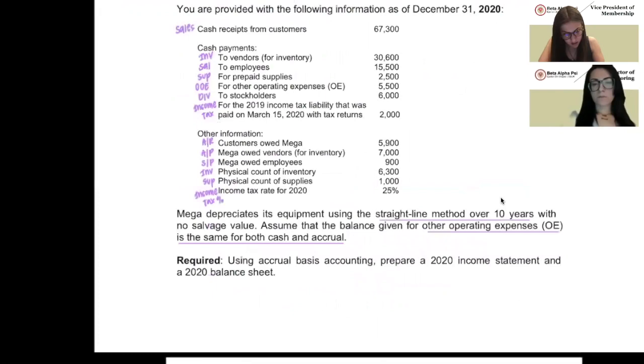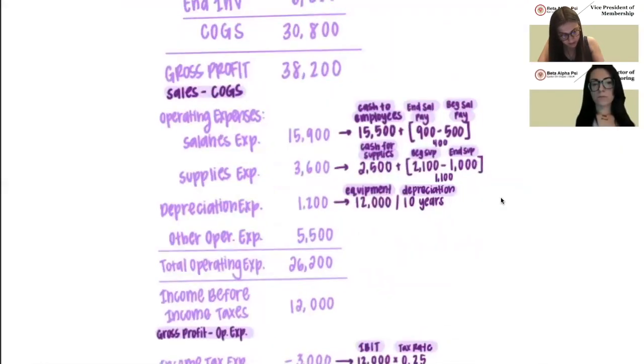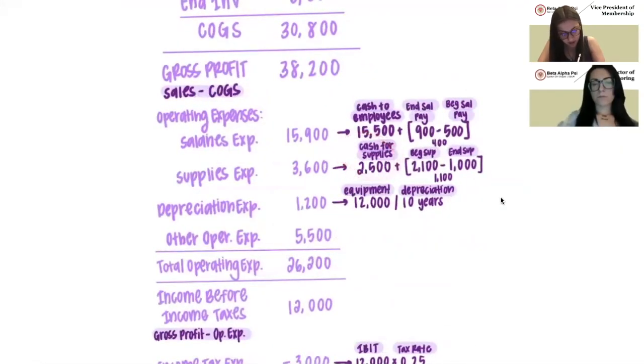So our formula is going to be our cash for supplies, 2,500 plus our beginning minus our ending. Our beginning was 2,100 and our ending was 1,000, which means it decreased. Our supplies account decreased by 1,100, which means our supplies expense account has increased by that amount. So our total supplies expense on an accrual basis is going to be 3,600.